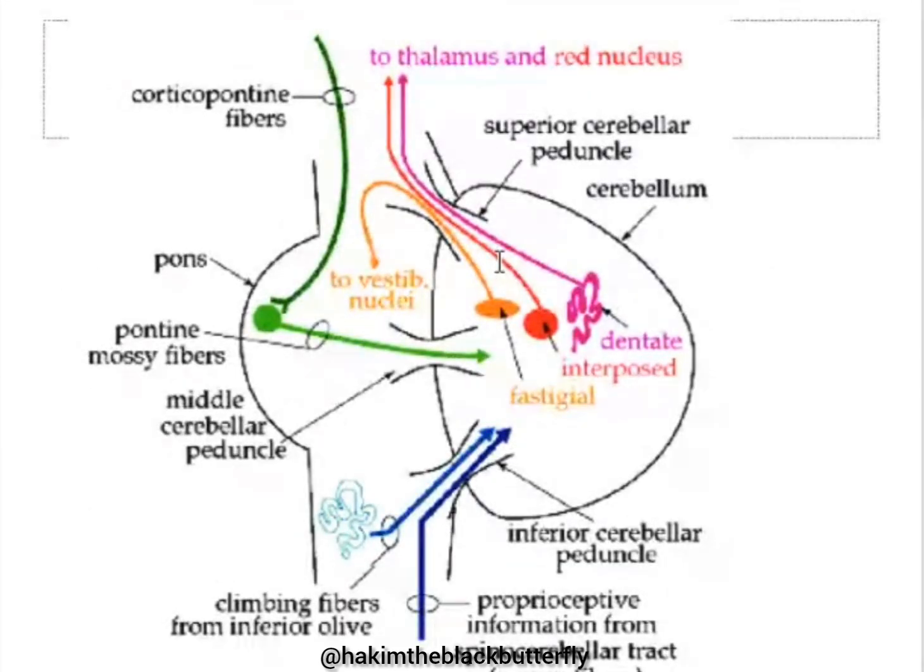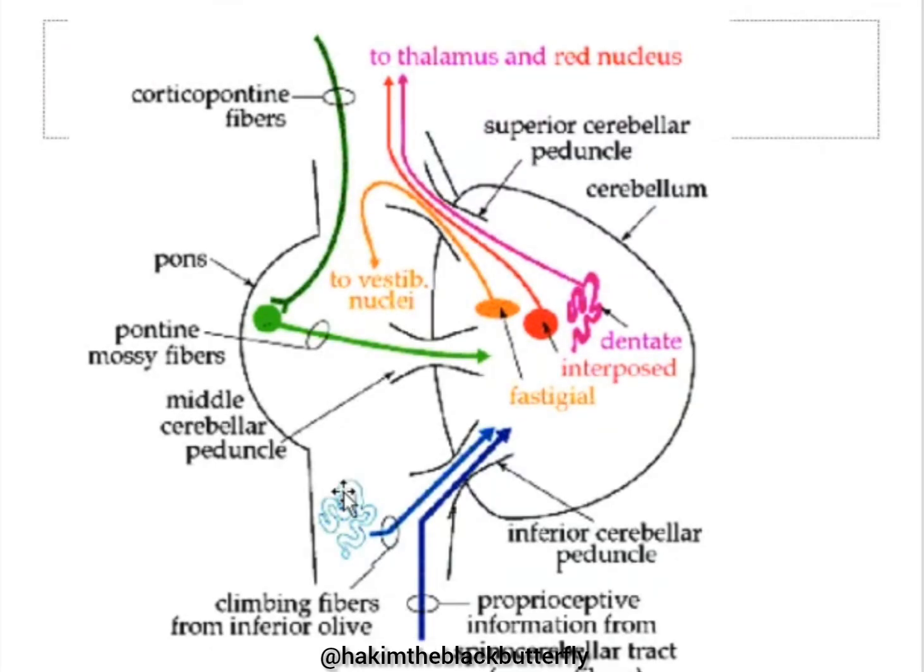As we saw, we are seeing here some mossy fibers bringing information from the pons. They are bringing information from the pons. Some are bringing information from the spinal cord and diverse areas.